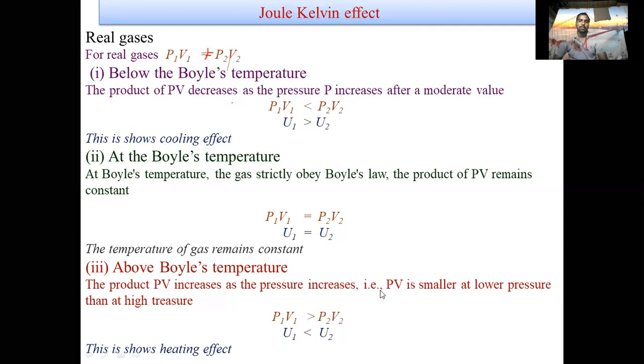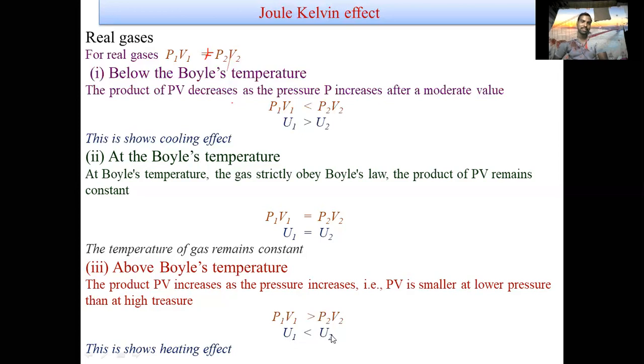That means PV is smaller at low pressure than at high pressure. That's why P1 V1 is greater than P2 V2. Then we can write the internal energy relation, that is U1 is less than U2.